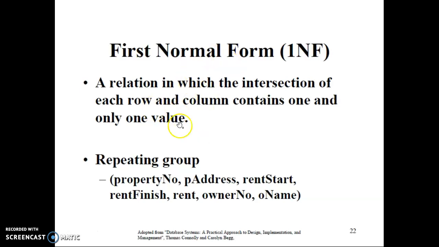So this is called first normal form: a relation in which the intersection of each row and column contains one and only one value. Repeating groups should be removed from the unnormalized form to get into first normal form.